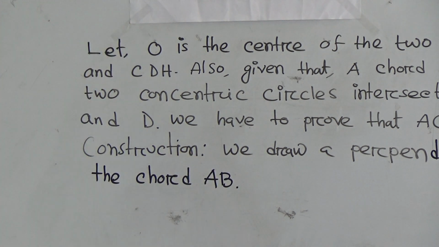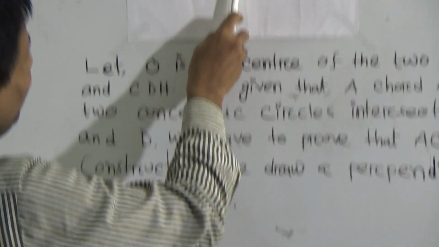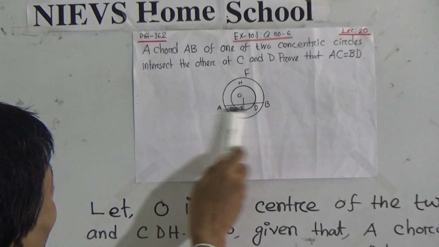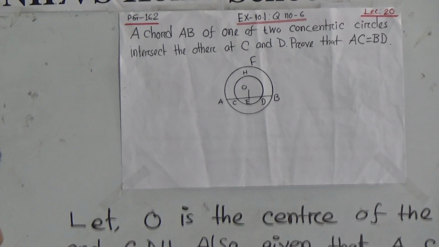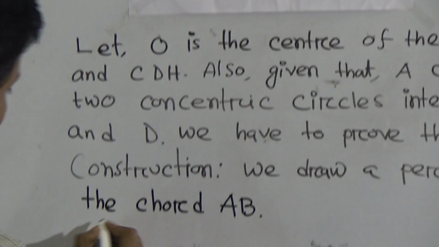Okay, we draw a perpendicular OE on the AB chord. Okay, now write the proof.